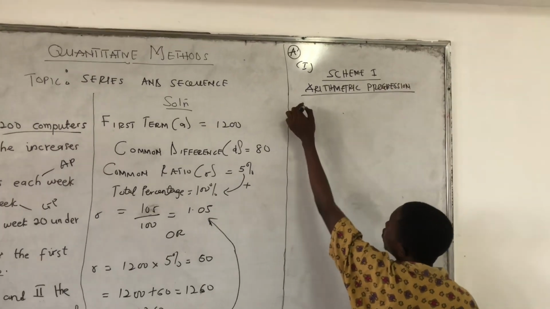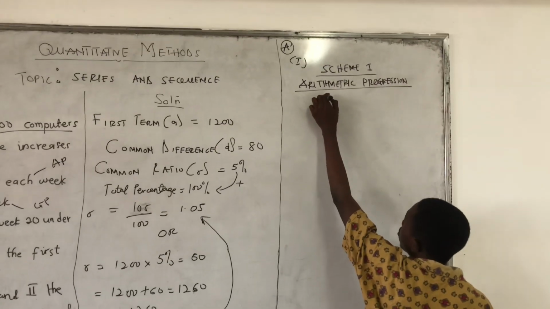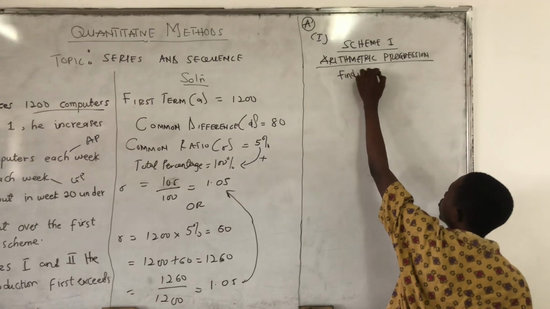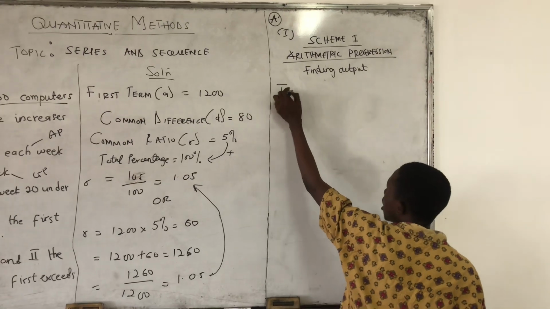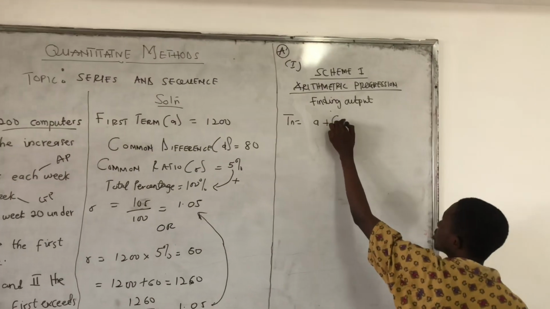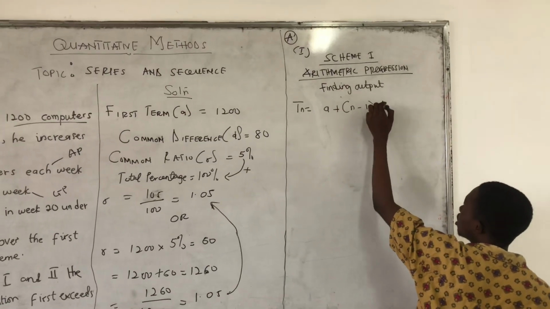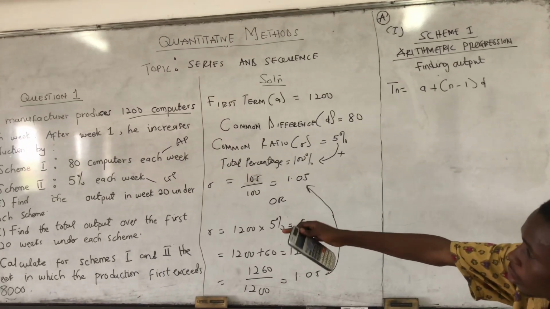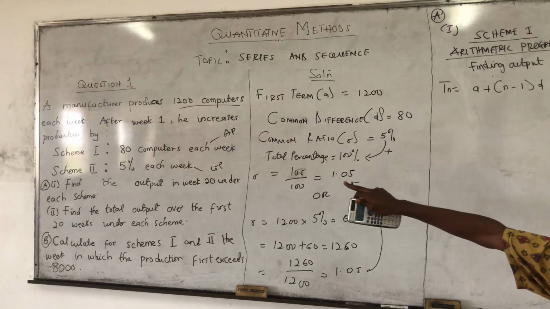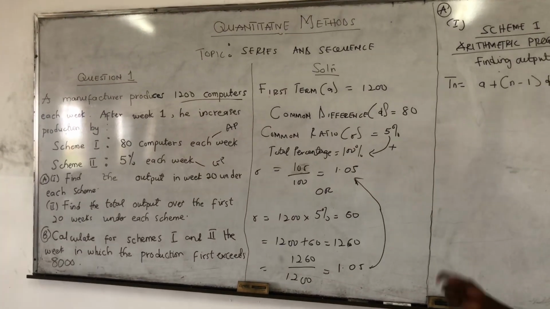So to find the output, you have Tn is equal to a plus (n minus 1)d. We're given that after week 1, he increases production, for Scheme 1 and Scheme 2.